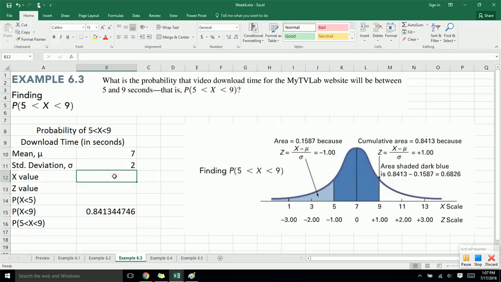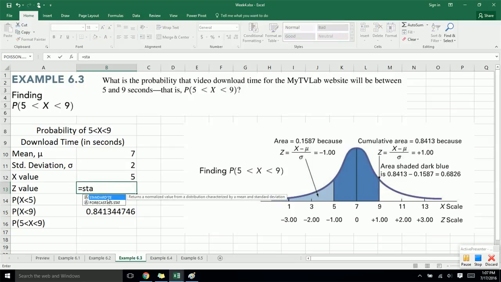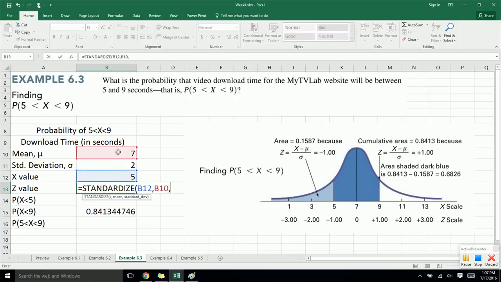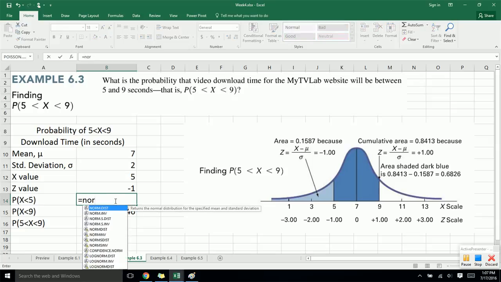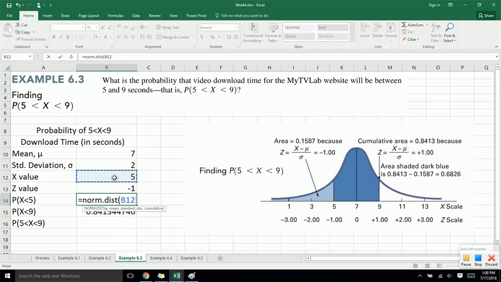So our x value here is 5. Let's find the z value. Write STANDARDIZE, select x, mean, standard deviation, close parenthesis and enter. See, the z value for 5 seconds is -1, and for the probability we write NORM.DIST, parenthesis, select x, mean, standard deviation, cumulative, yes, TRUE.